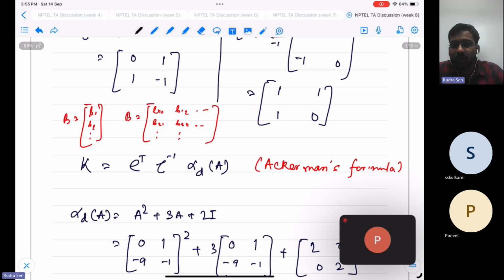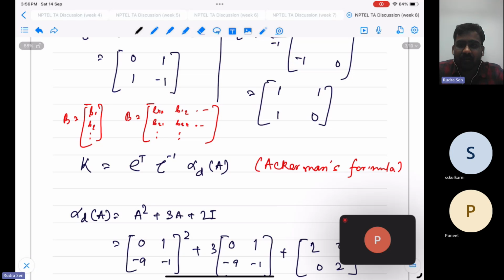So to find the controllability matrix, the first term is B, then AB, then A square B. So this C no longer becomes a square one. C will become a rectangular one, and we cannot find the inverse of a rectangular matrix, right?